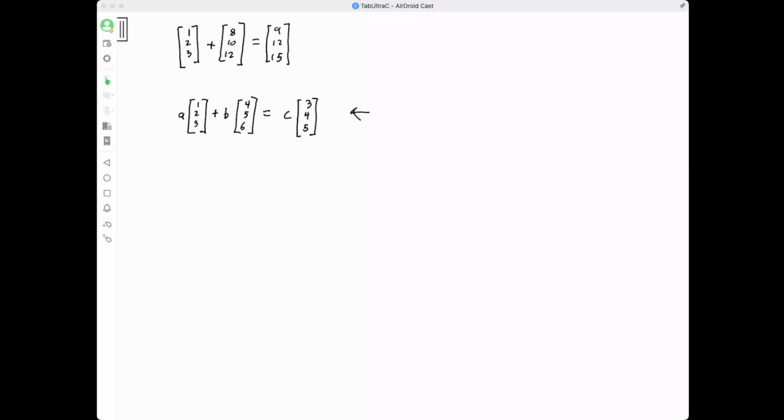If I'm building this linear combination, what values could I possibly use? I could use A equals 1, so I just get 1, 2, 3, plus B equals 2 times 4, 5, 6, equals, if I set C equal to 3, 3 times 3, 4, 5.